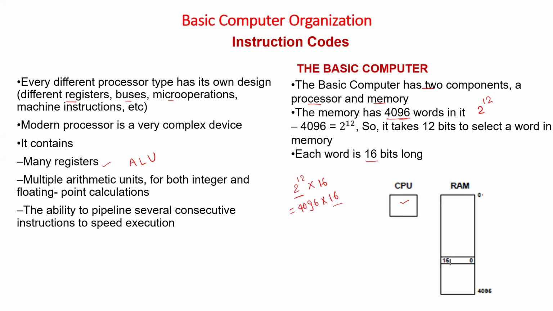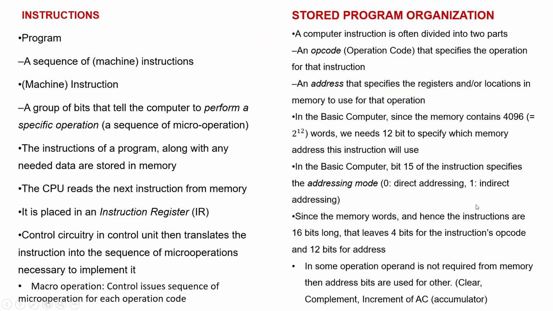The RAM has a total of 4096 locations; the counting starts with 0 and goes up to 4095, and each word has a capacity of 16 bits.